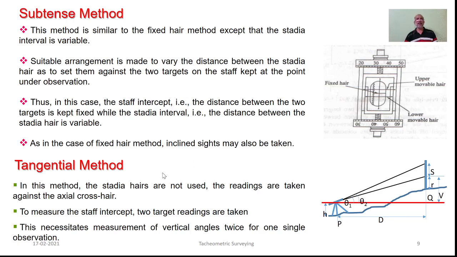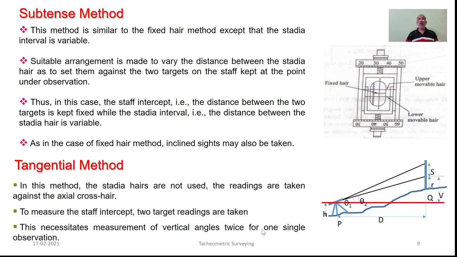Third category is the tangential method. So in this method, usually we deal with longer sights. Here, we do not refer to stadia, but we take the readings corresponding to simply the axial hair.